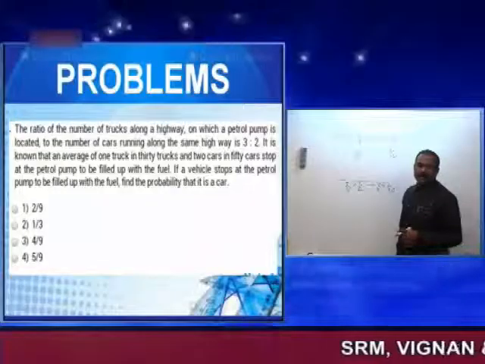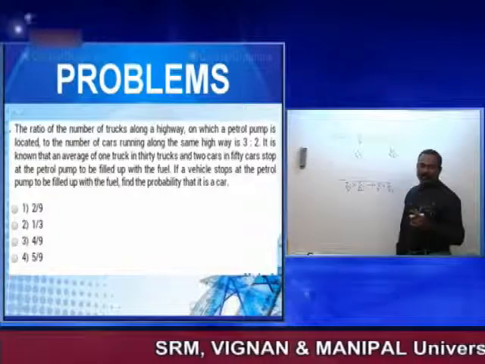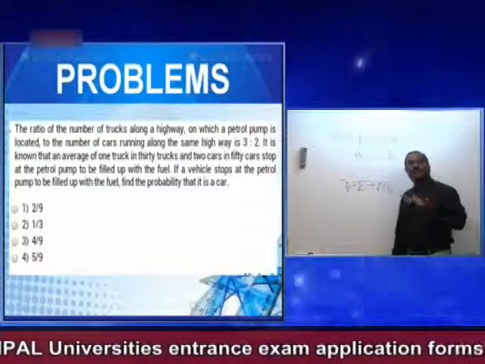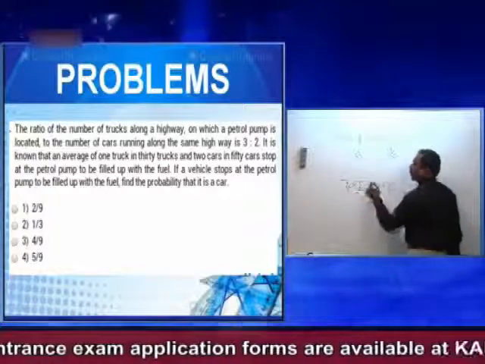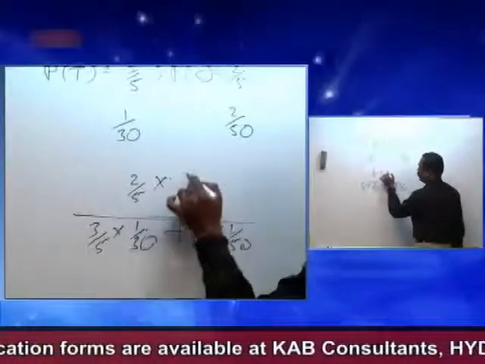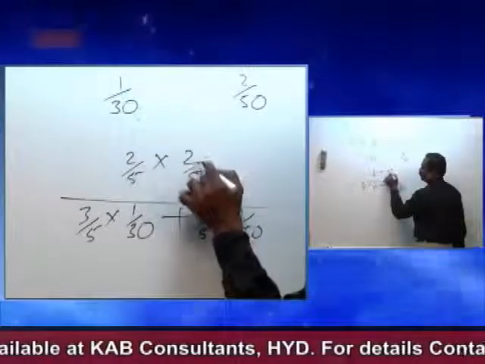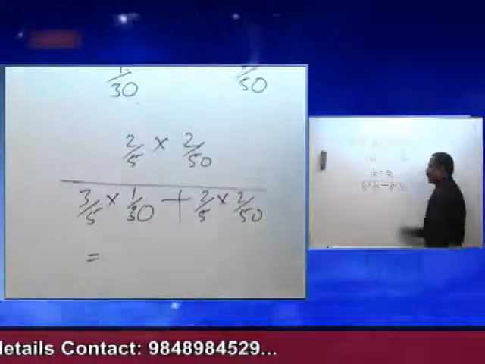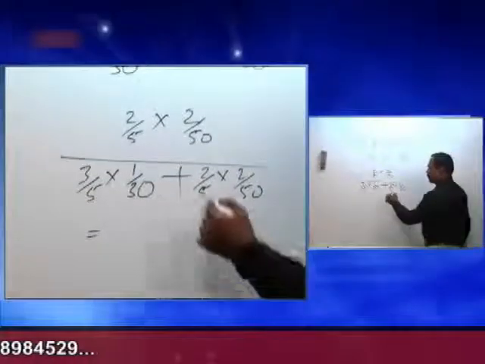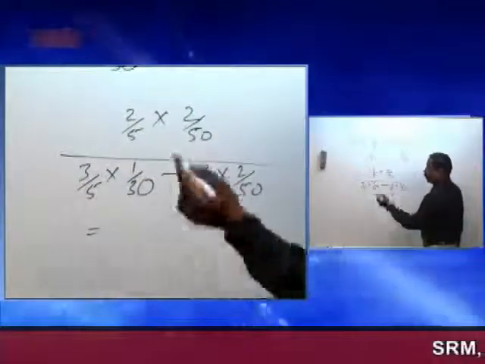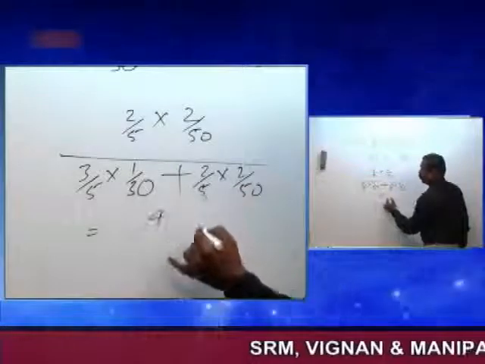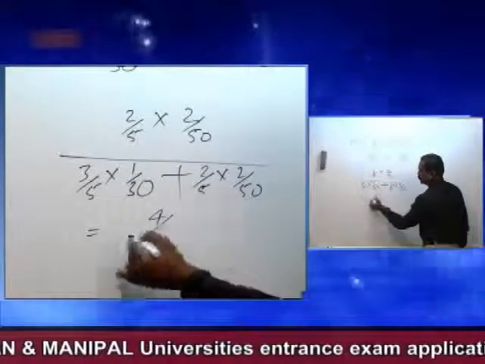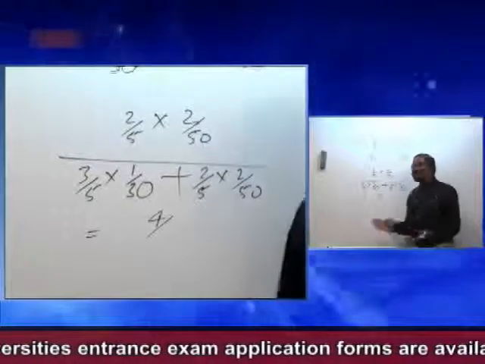Find the probability to be filled up with fuel for a car. For a car we require. This is for a truck, this is for a car. So it is 2 by 5 into 2 by 50. If you simplify, you will get 5 into 50, and let us take 4 upon, if you simplify this, you will get the answer. So that's it.